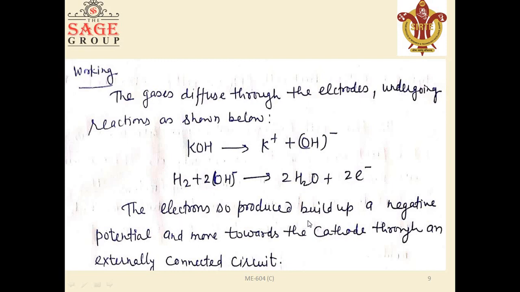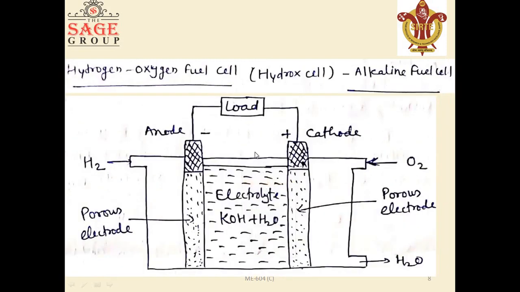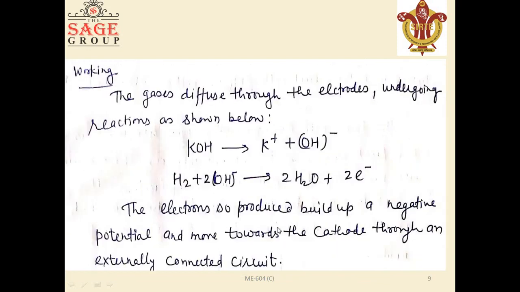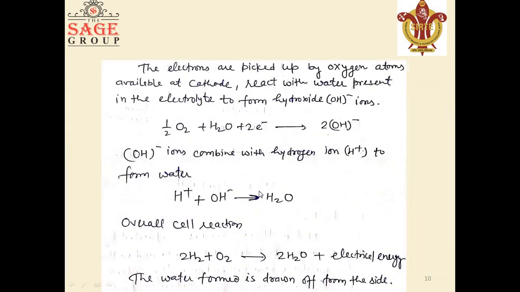The electrons so produced build up a negative potential and move towards the cathode through an externally connected circuit. Here we can see this is the cathode, so the flow is from the anode to the cathode.